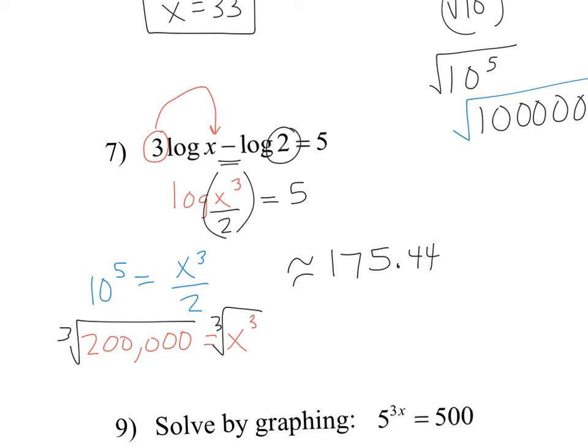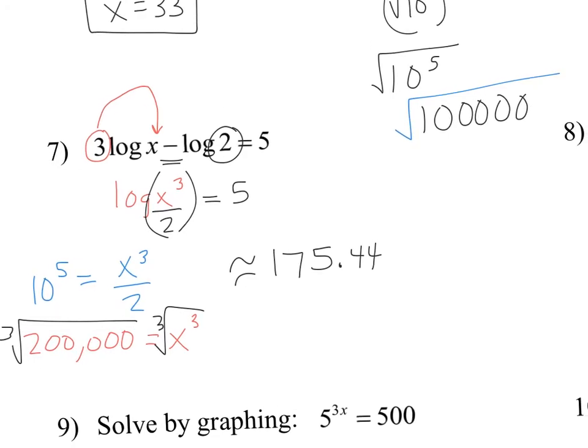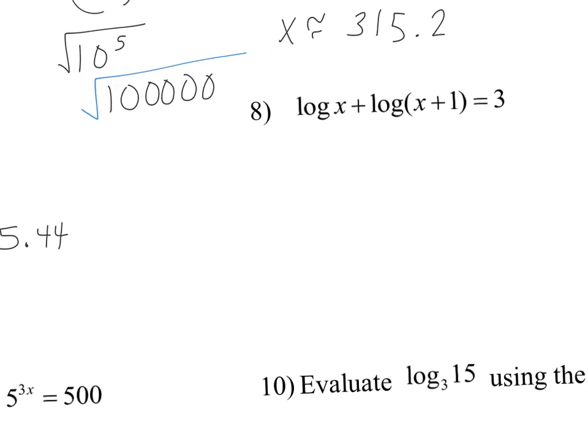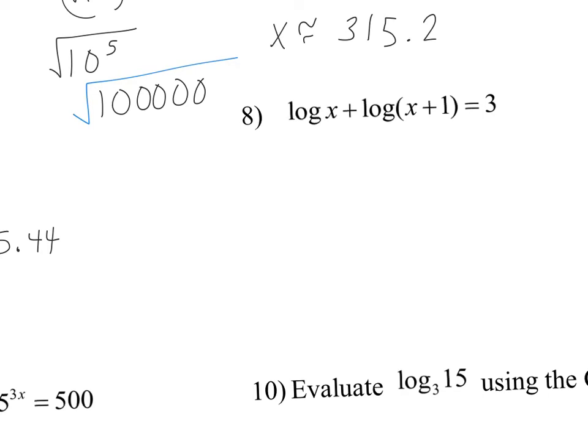Or if you leave it in exact form, the exact value of this, you'd have to break out into groups of 3, 200,000. And then number 8, you want to write it as a single logarithm. So this is adding, so I'm going to multiply these two. So it's log of x times x plus 1 equals 3.